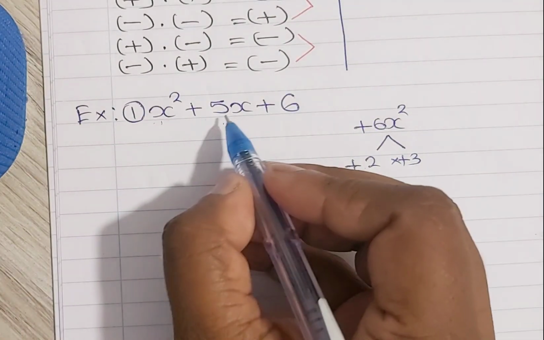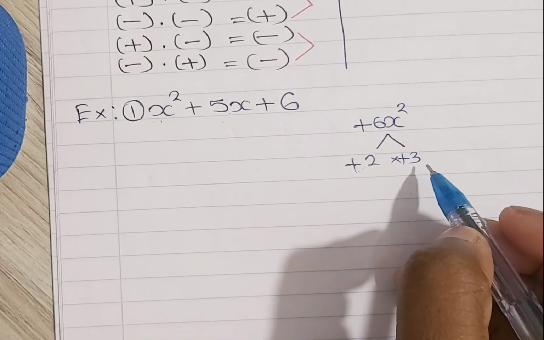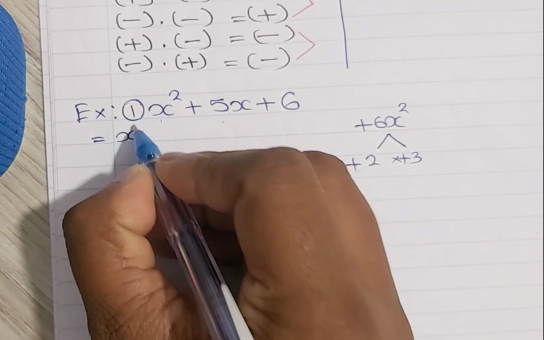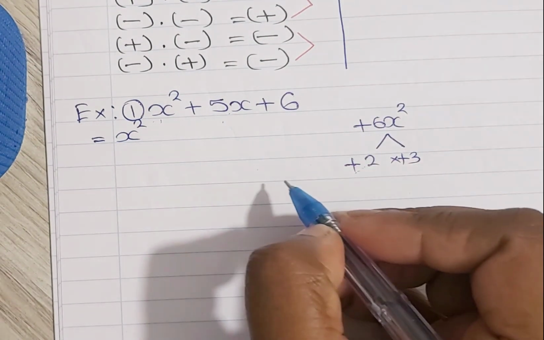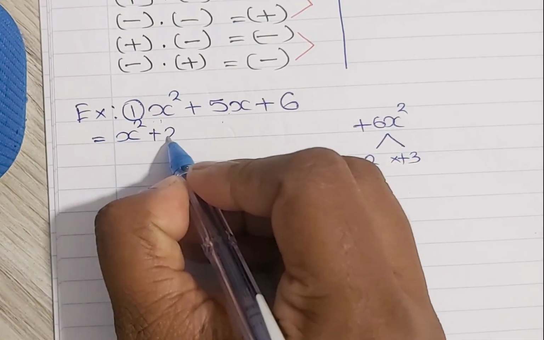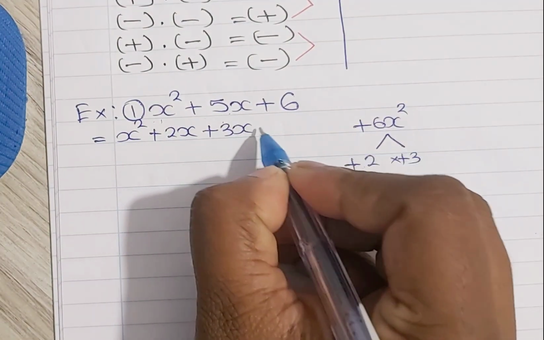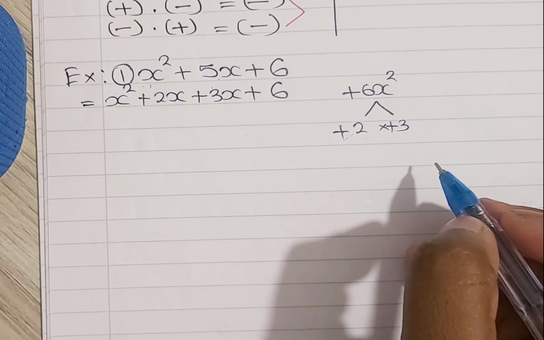So instead of 5x, I can apply plus 2x and plus 3x. x squared stays the same, so instead of plus 5x, I apply plus 2x plus 3x and plus 6. This is the way you have to factorize this.